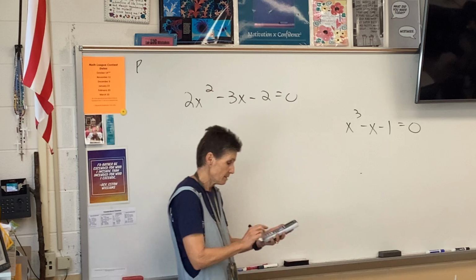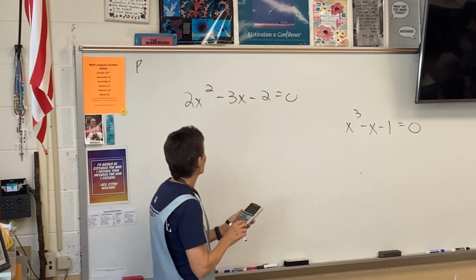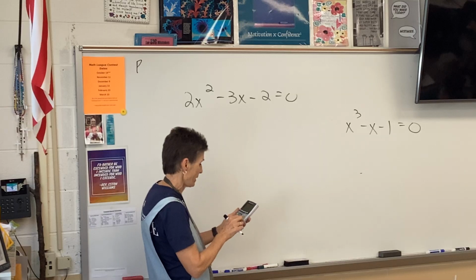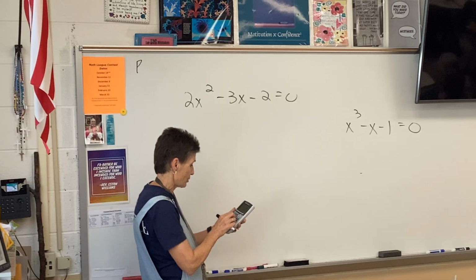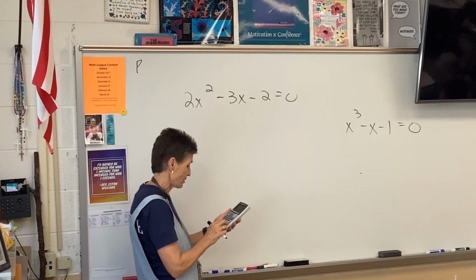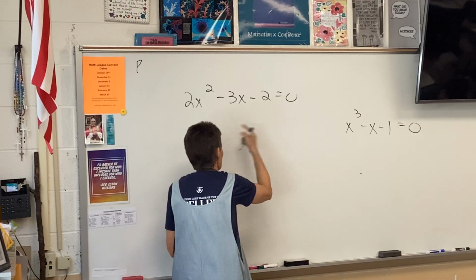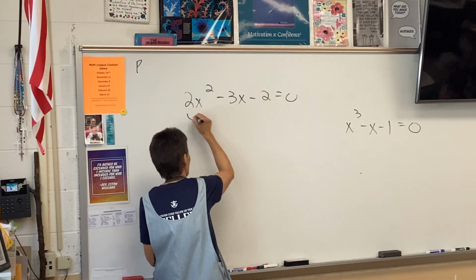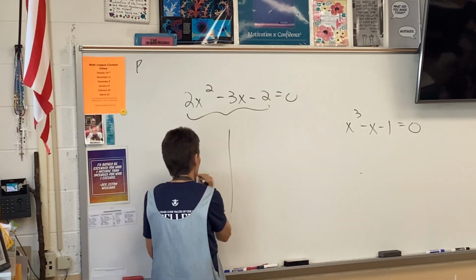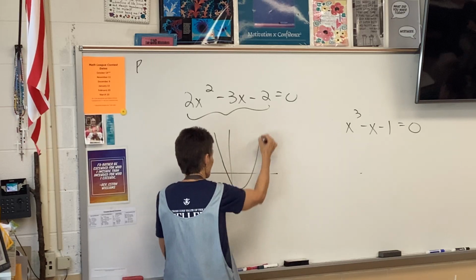Are you getting started? I would use a standard window, so I would zoom 6. And then I'm going to type in my equation, 2x squared minus 3x minus 2, hit graph. And if I just type this in and hit graph, I am looking for the x-intercepts, right?